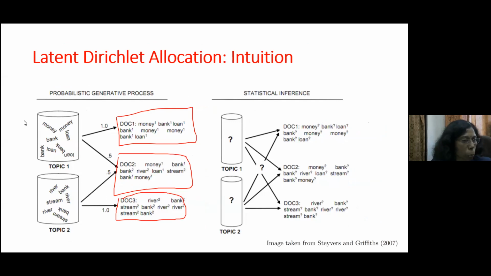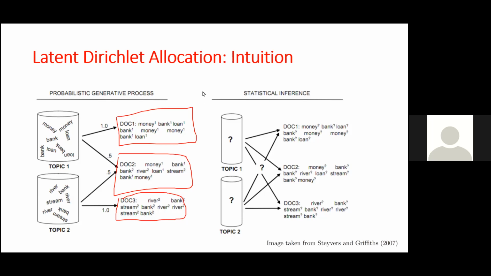So, just to take a very concrete example, there are three documents: document 1, document 2, document 3, and there are two topics: topic 1 and topic 2. Document 1 contains only topic 1. Document 2 contains topic 1 and topic 2, and document 3 contains only topic 2, right?